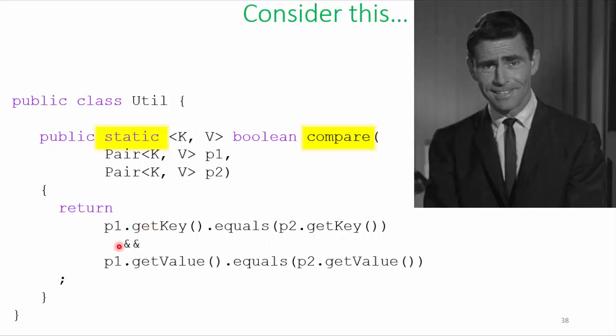And then, with the logical AND operator here, we do the same thing with p1, p2, and getValue. Okay, so two objects of class Pair<K,V> are only equivalent if their keys are equivalent and their values are equivalent. So nothing really difficult here.